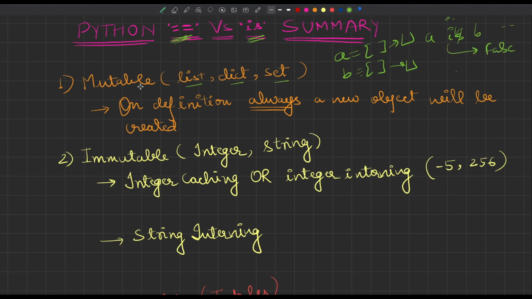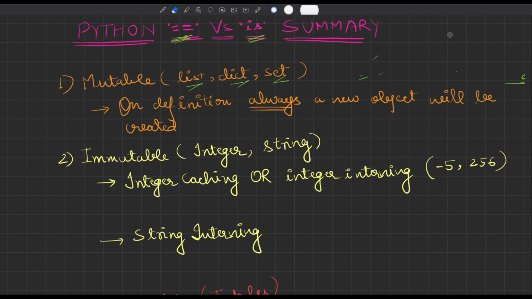Which means in the case of mutable types, whether it's list, dict, or set, every time you define a mutable type, Python is going to create a new object, and A is B is always going to return false because they both are different objects. However, let's say you created a list, A equals [1, 2, 3], and then you created B equals A. Now this is a different case.